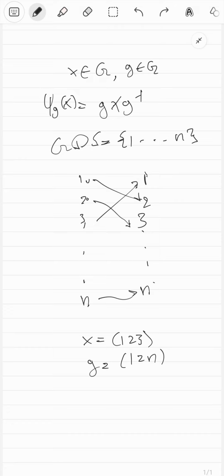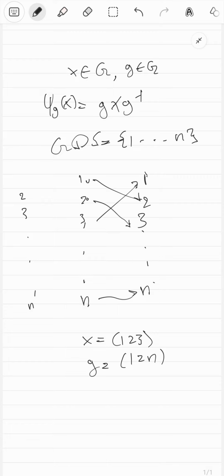So first we want to apply g inverse, and then x, and then g, to any element of the set S. Let's say you have the elements 1, 2, 3 and so on, all of them. Let's rewrite it in a slightly different order. We want to find which element is going to get mapped to 1 by finding g of one thing.